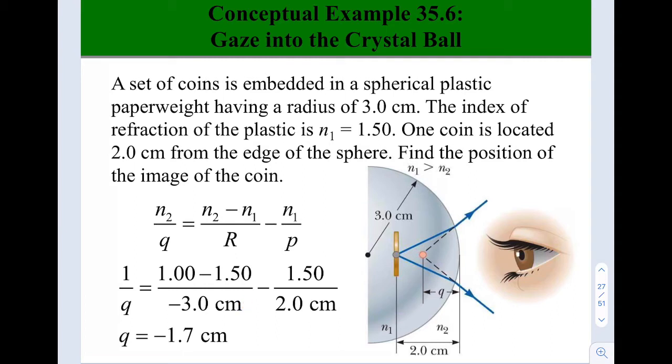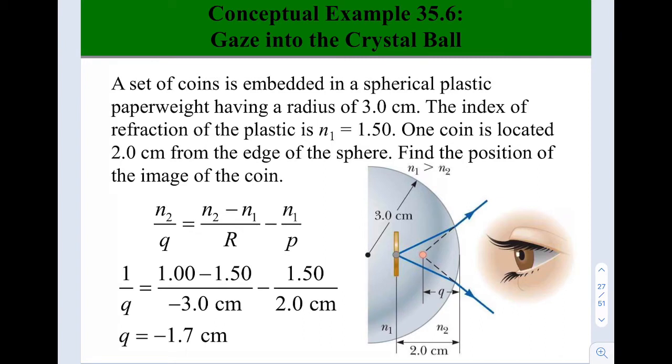So we will have 1 minus 1.5 over negative 3, the R, minus 1.5 over 2, and you will get q equal to negative 1.7. The negative sign here means that the image is in front of the surface. In other words, it is within the same medium as the object.